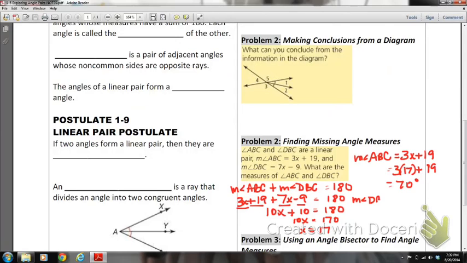The measure of angle DBC is 7x minus 9. Substitute the 17 for the x again, and you will get 110 degrees. And 70 plus 110 is 180, which is how you can check your answer.